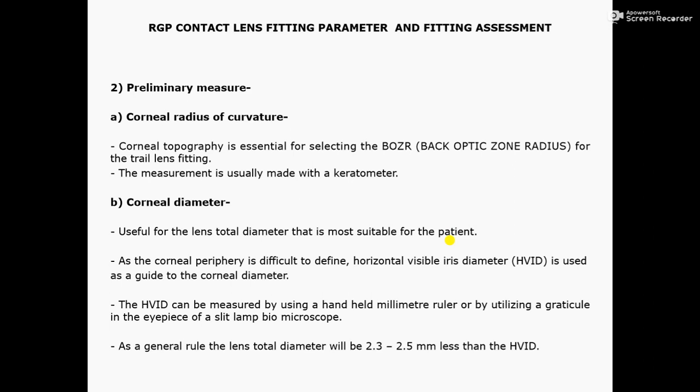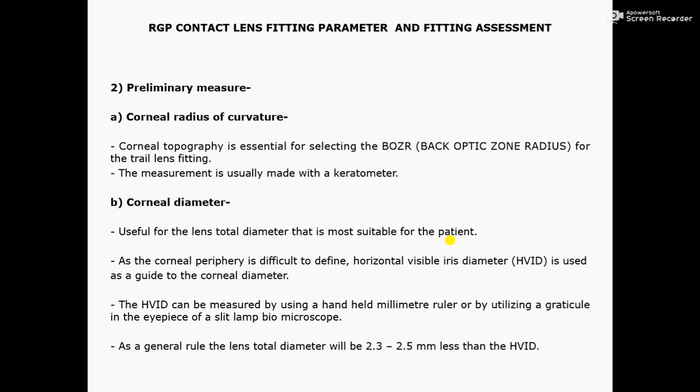Number B, corneal diameter. It is useful for determining the lens total diameter that is most suitable for the patient. As the corneal periphery is difficult to define, the horizontal visible iris diameter is used as a guide to the corneal diameter.